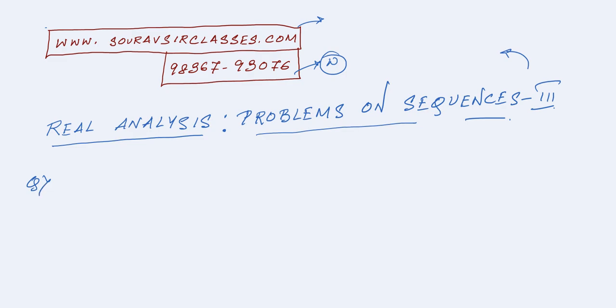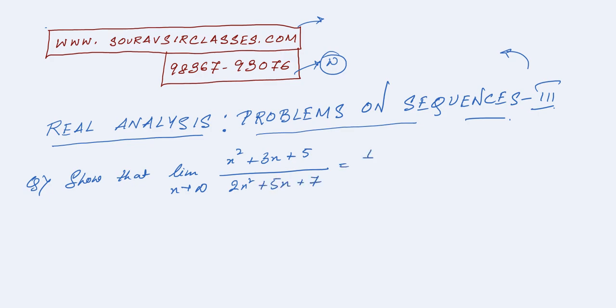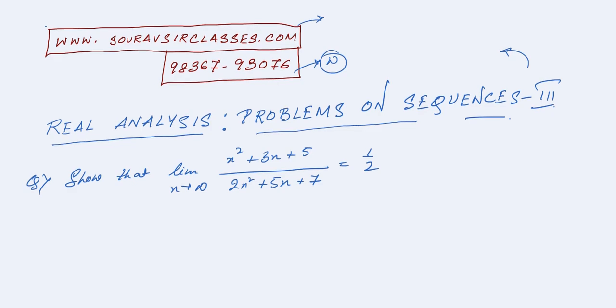Alright, so we have a sum. It is a little bit trickier than the previous one, so we are required to show that the limit as n tends to infinity of (n squared plus 3n plus 5) by (2n squared plus 5n plus 7) is equal to half. So how do we proceed?